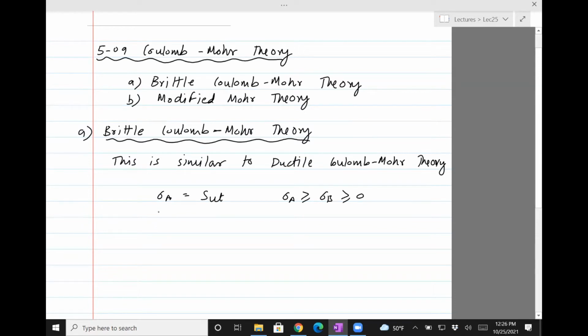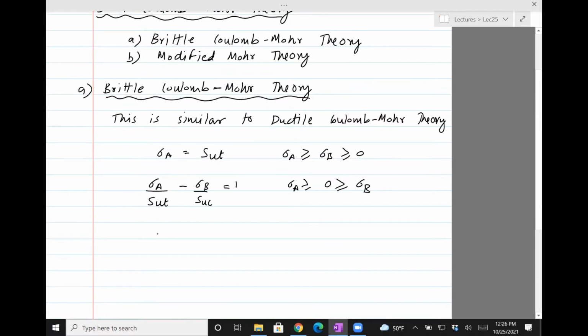It's this particular line given by this equation, sigma A over SUT minus sigma B over SUC equals 1, if one of the stresses is tensile and sigma B is compressive. And if both the stresses are compressive, then you'll just use sigma B equals minus SUC. That's when 0 is greater than sigma A, which is greater than sigma B.